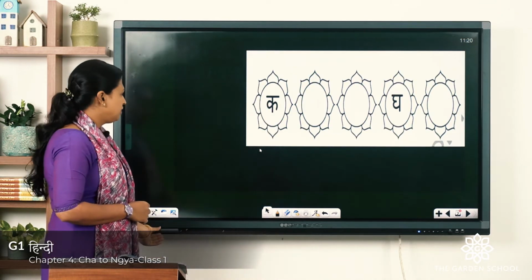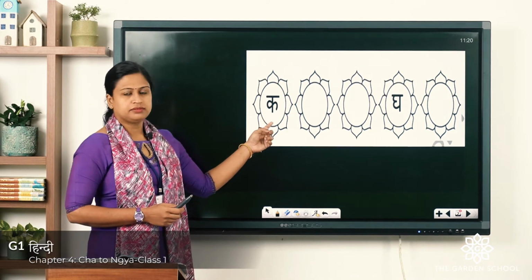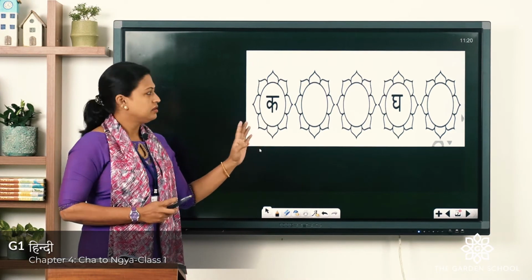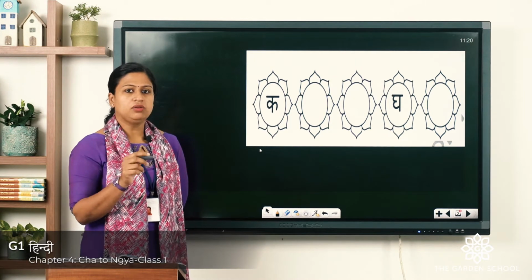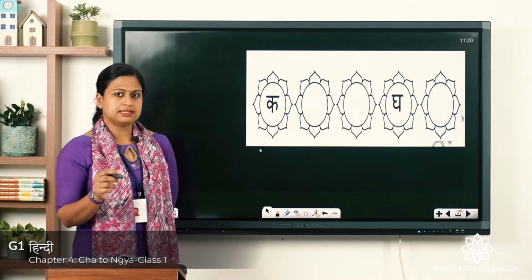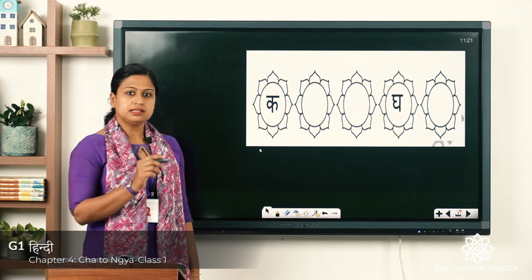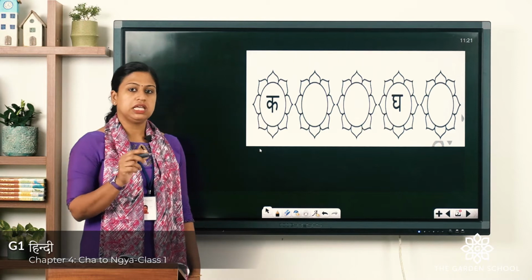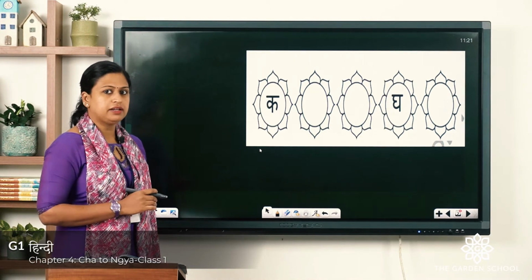Now here, let's do a small exercise. The first letter is ka. So, you have to take your Hindi notebook, pencil, eraser, and you have to write this first letter, the first Vyanjan letter in Hindi, ka. I hope you all have written it.